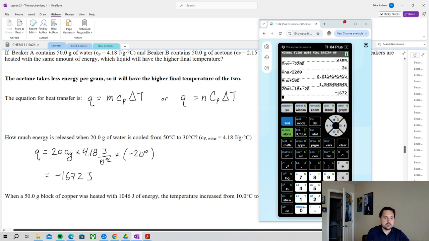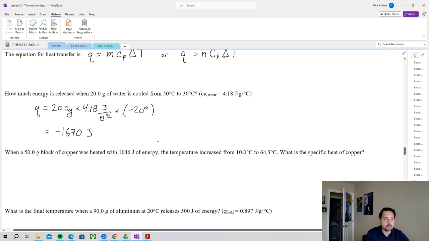Negative 1,672 joules. 3 sig figs, 2 sig figs, whatever you want to use.